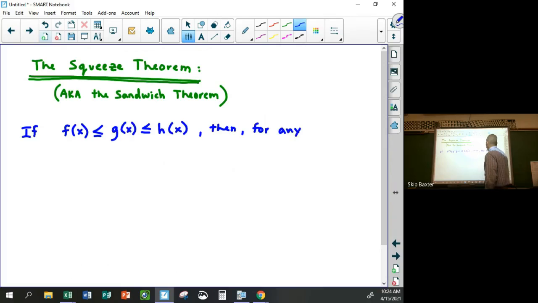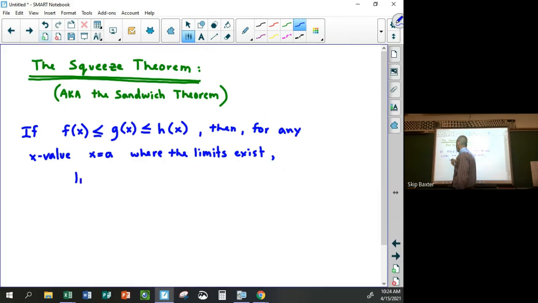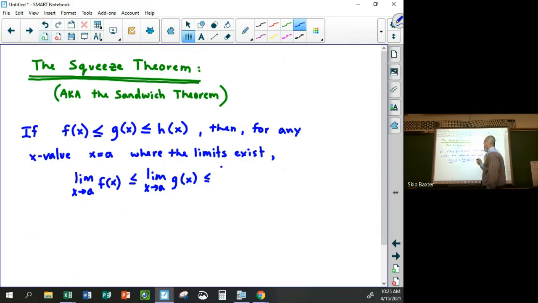for any x value, x equals a, where the limits exist, the limit as x goes to a of f of x is less than or equal to the limit as x goes to a of g of x, which is less than or equal to the limit as x goes to a of h of x.